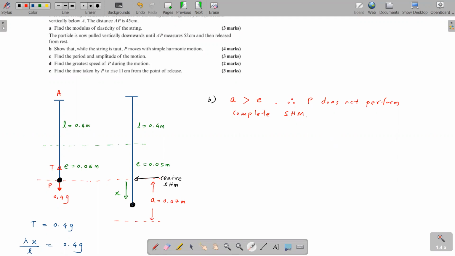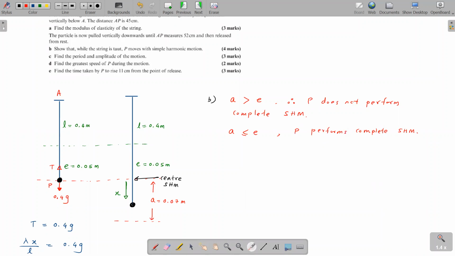What's the requirement to perform complete simple harmonic motion? If A is less than or equal to E, the particle performs complete SHM.